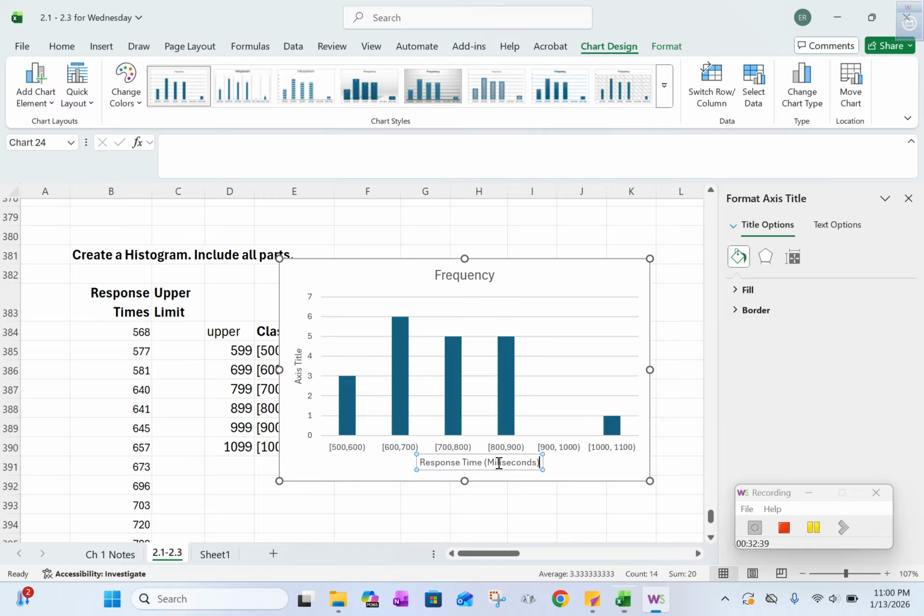Don't judge my spelling here. Okay, and then over here, the frequency. This one is true, just the amount of responders or count. So it's okay to just call it frequency.